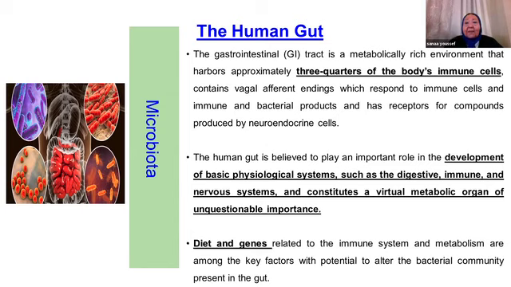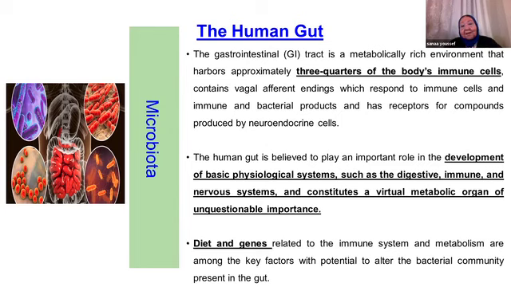What eventually happens is that the vagal afferent endings, which respond to the immune cells and bacterial products, have receptors for the compounds produced by the neuroendocrine cells. The human gut plays a major role in the development of the basic physiological systems, the digestive system, immune system, and nervous system, and constitutes a virtual metabolic organ of unquestionable importance.